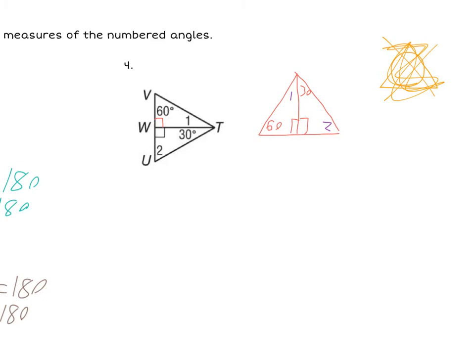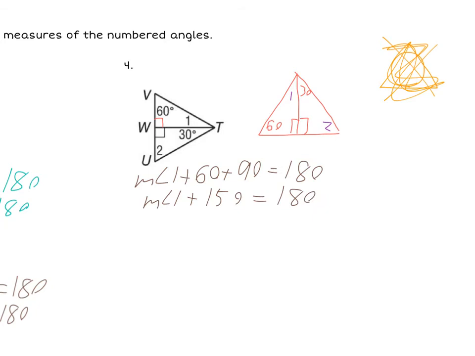So if we look at this from working angle 1 first, we have measure of angle 1 plus that 60 plus that 90 is equal to 180. Combine our like terms. The measurement of angle 1 plus 150 is equal to, getting ahead of myself, 180, which makes the measurement of angle 1 equal to 30.